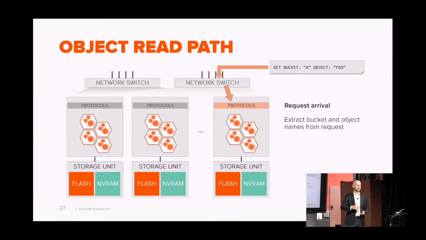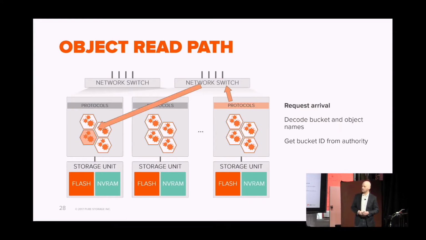And so if a client issues a get to bucket A of, hey, let's read object foo, then we're going to land that on one of the blades. We hash that connection and land on one of the blades. And at that point, we have to extract, okay, it's bucket A, object foo. The next thing we're going to do is translate bucket A into an internal ID.